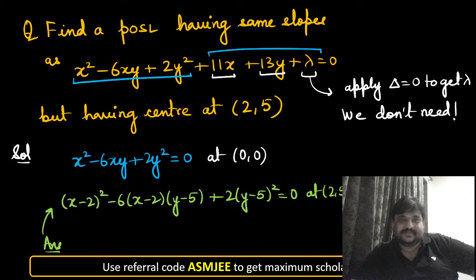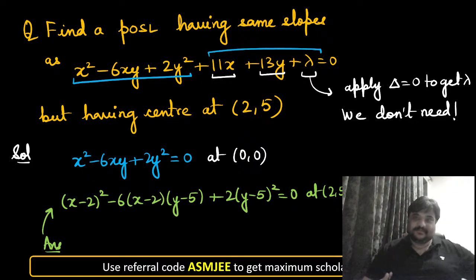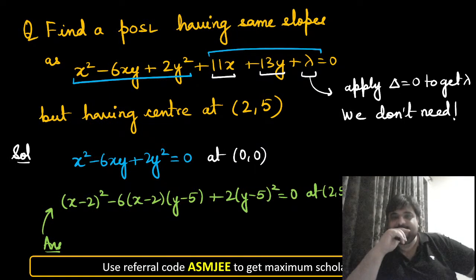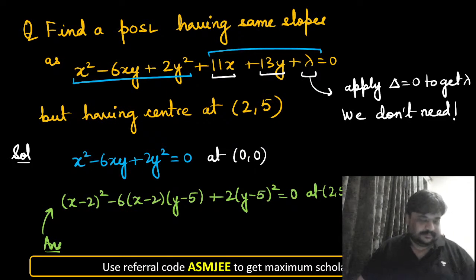It might give some other curve where 2 comma 5 is not even the center, it just passes through 2 comma 5. Has everybody understood this? You can find delta equal to 0 and then find lambda, but you don't need it in this question.